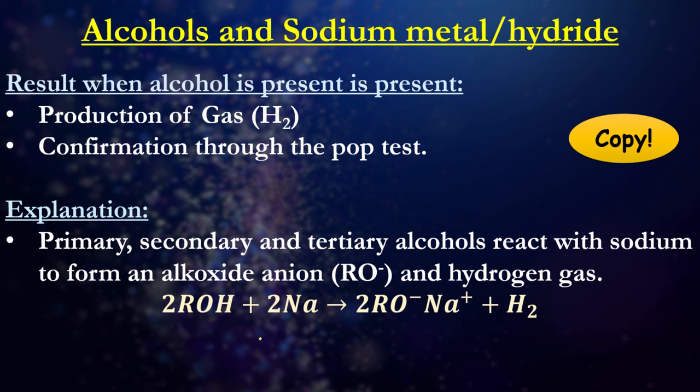The general equation we can work out is that we get an alcohol, we get our metal, and then we form what we call here an alkoxide anion. Okay, so that's what we have there, and this will be the thing that we use our pop test for.